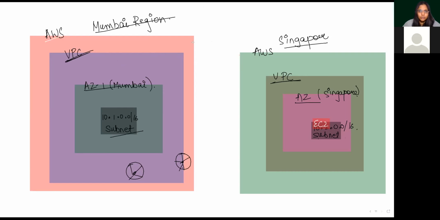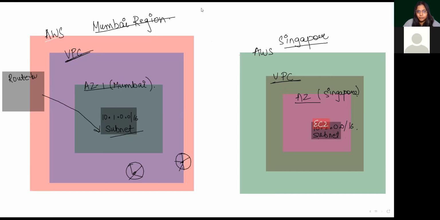Here you can create a routing table also. So this is the routing table for this subnet, which is attached to this subnet. Similar things we have created till here.